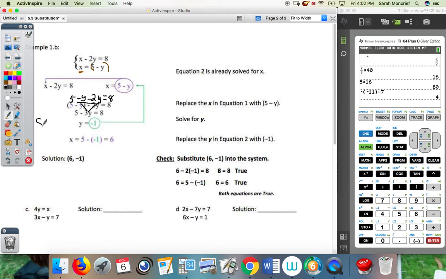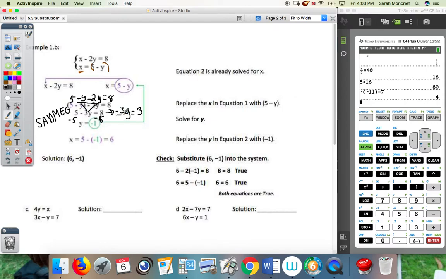And here's where sad Meg comes in again. Do I have any subtraction or addition happening to the term with y? Yes, I have this plus 5, so I will subtract 5 on both sides, which leaves me with negative 3y is equal to, what is 8 minus 5? 3.